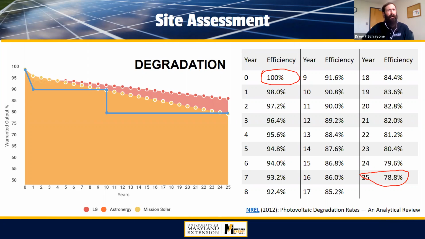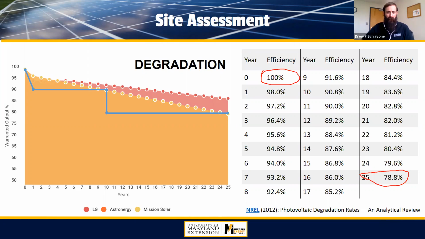A lot of the more recent warranties are based on a linear model where it's roughly 0.5% a year. The warranties are getting closer and closer matched to realistic conditions, and they're obviously not trying to give away free panels if yours drops below 80%, for example.